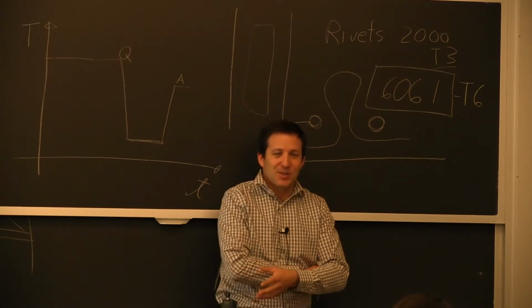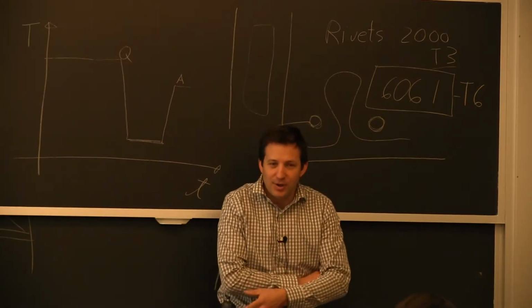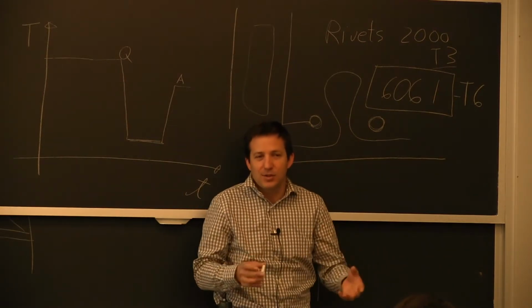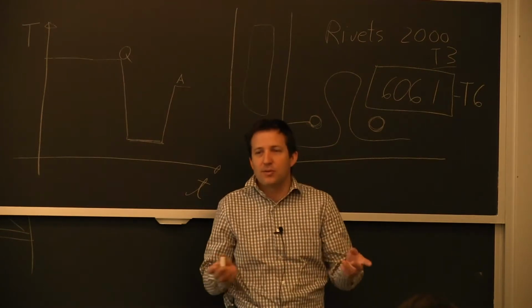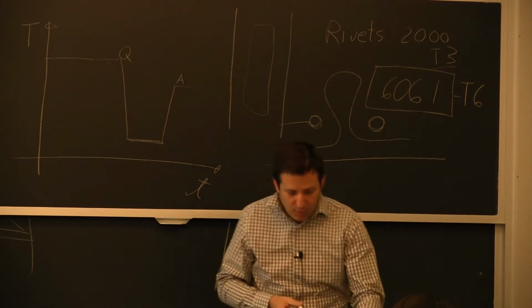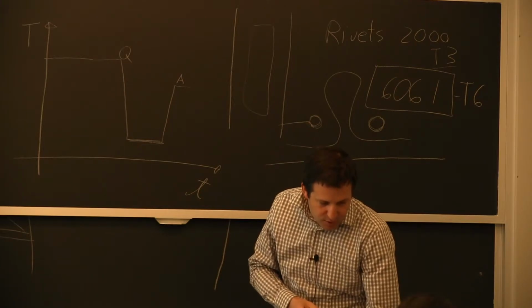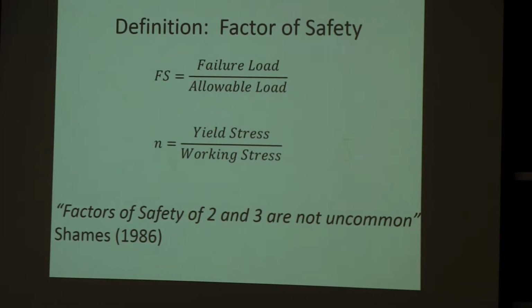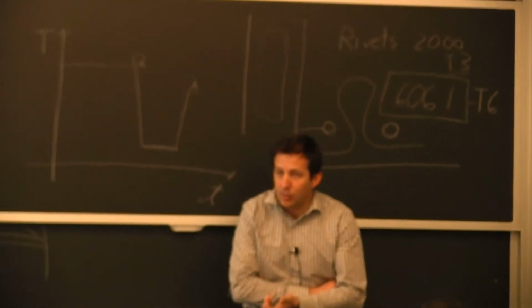And so when we see a factor of safety of 3, we can't fool ourselves thinking we can double the load, because it's kind of a fictitious factor of safety, especially with pressure vessels. Pressure vessels, when you apply this criteria of yield strength over working stress, which is more what they do in the ASME boiler and pressure vessel code, well, you're not taking into account water hammers, for example.